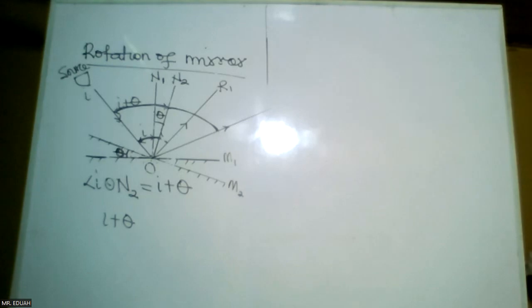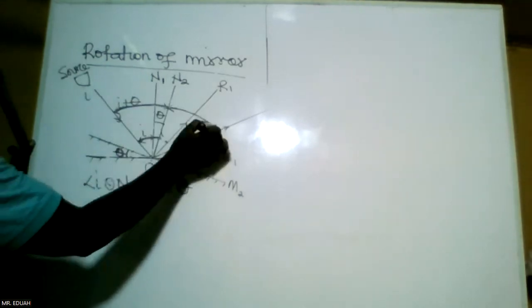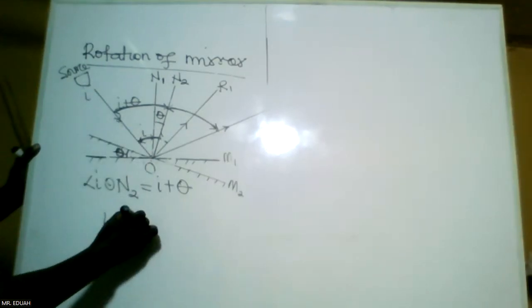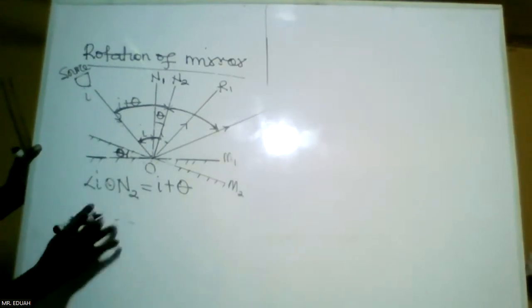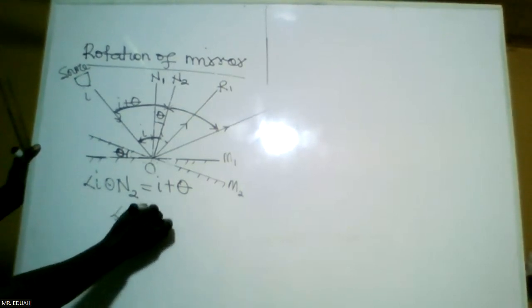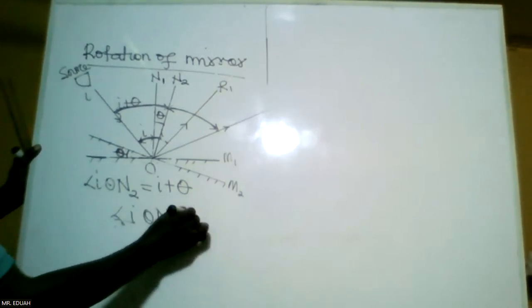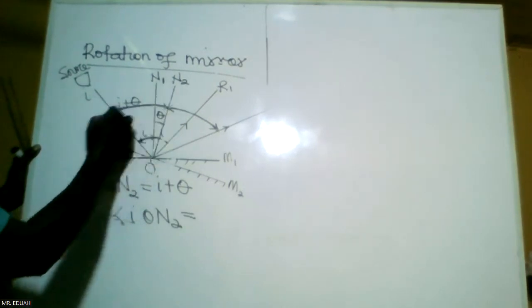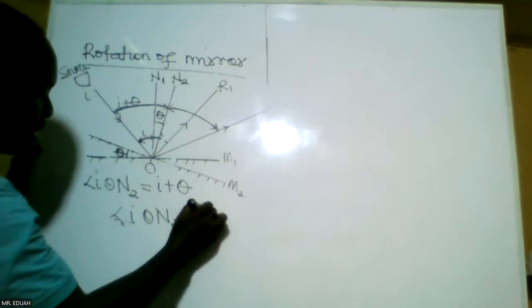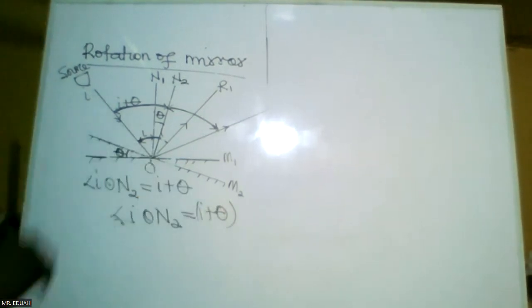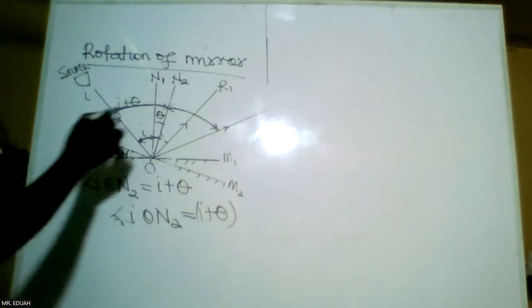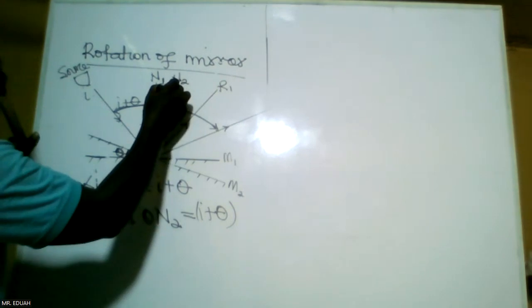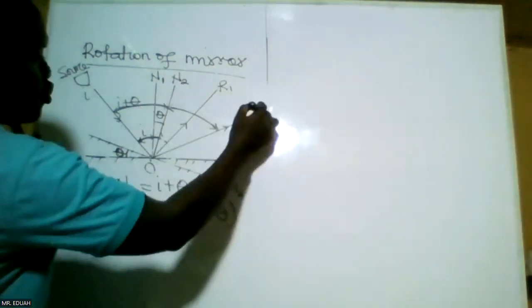Okay, thank you. The new angle of incidence, which I'm calling angle ION2, is this whole angle. If the new angle of incidence is this, then what will be angle N2OR2?